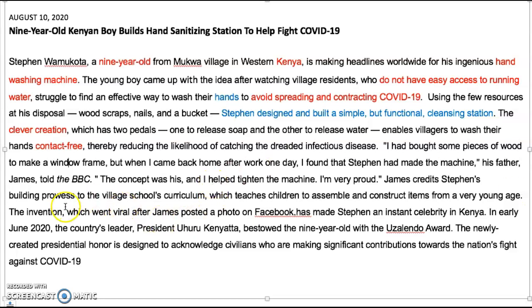The invention, which went viral after James posted a photo on Facebook, has made Stefan an instant celebrity in Kenya. Okay, kind of interesting, but again, not directly related to the main idea, which I identified as Stefan designed and built a simple but functional cleansing station.